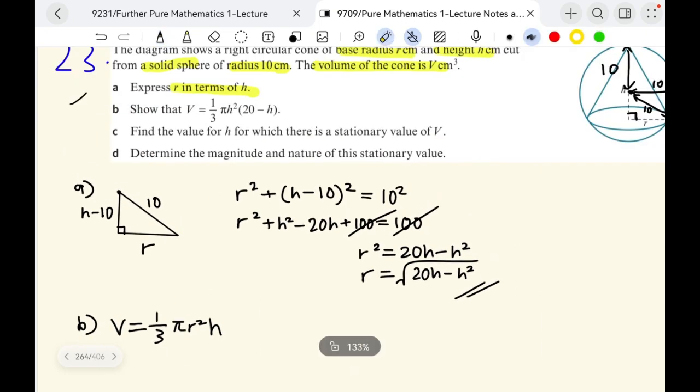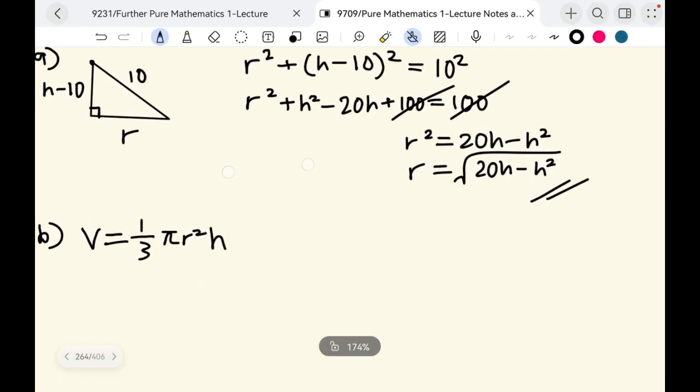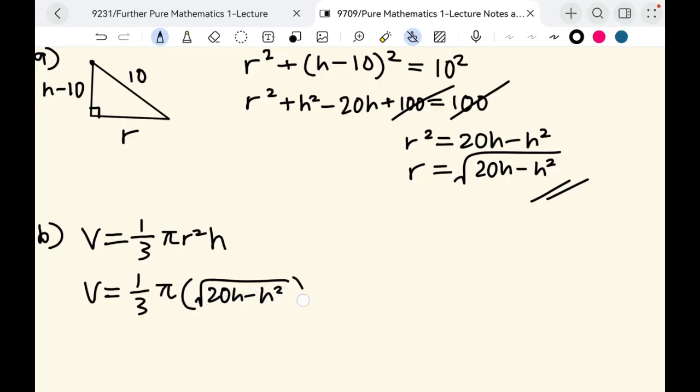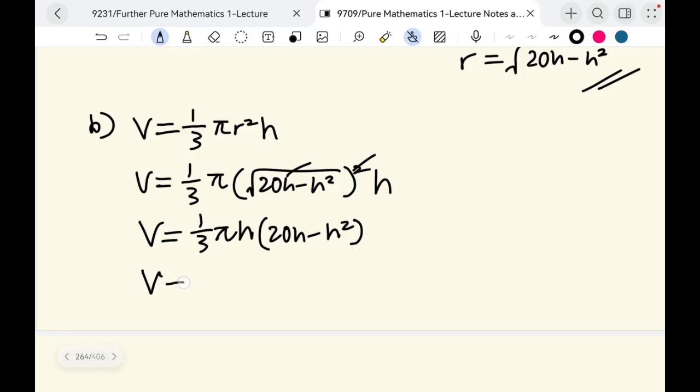So now this question wants you to prove that, to get rid of the term R. So what is R over here? It is the square root of 20H minus H squared, to be squared. Cancel it out. What will you get? You will get 20H minus H squared. You can factorize H outside to be multiplied with the other H outside, which gives H squared.